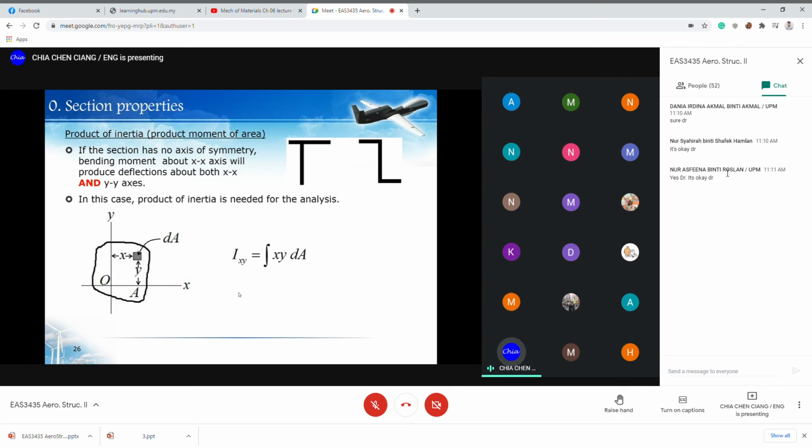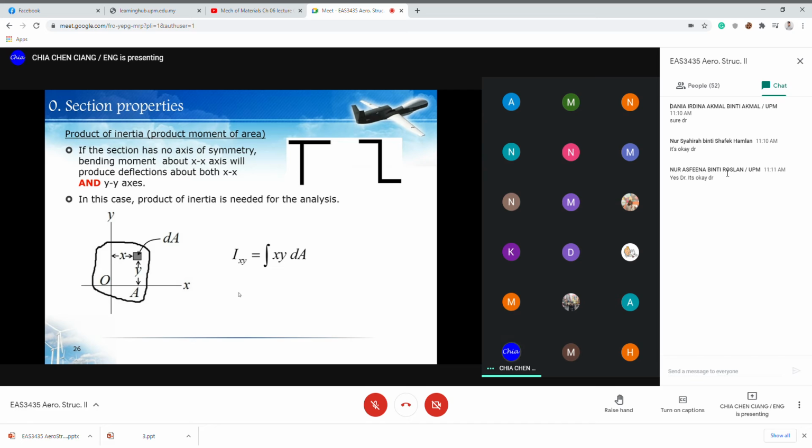So if IXY is not 0, you apply a deflection in the x-axis, there will also be deflection in the y-axis. Similarly, if you apply a deflection in the y-axis, it will also deflect in the x-axis. For that case, IXY is not 0. You can also have IXZ that is not 0.